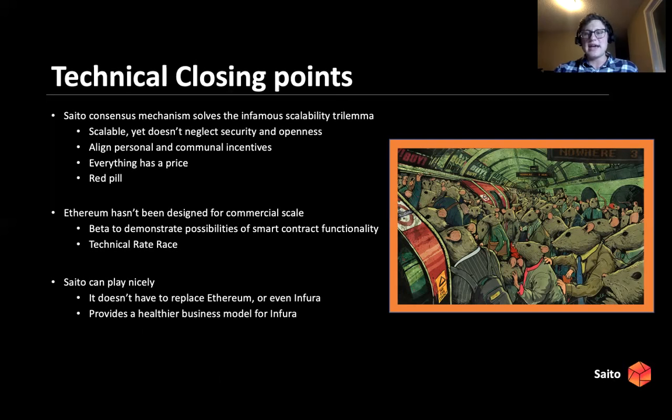And as a result, they have to go through this technical rat race where they have to keep writing complex code and making trade-offs to keep the Ethereum network from imploding, or to keep it usable, essentially.